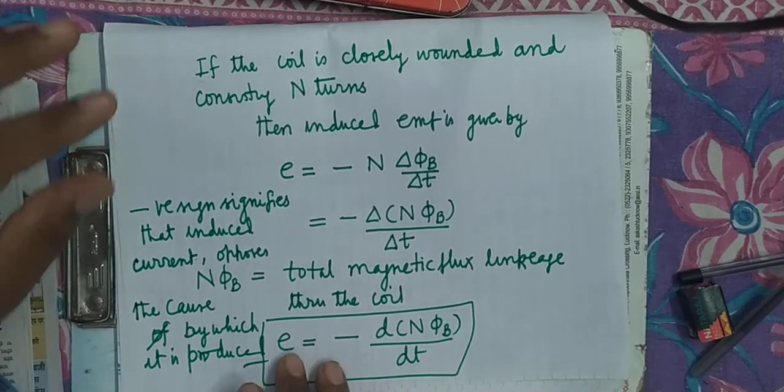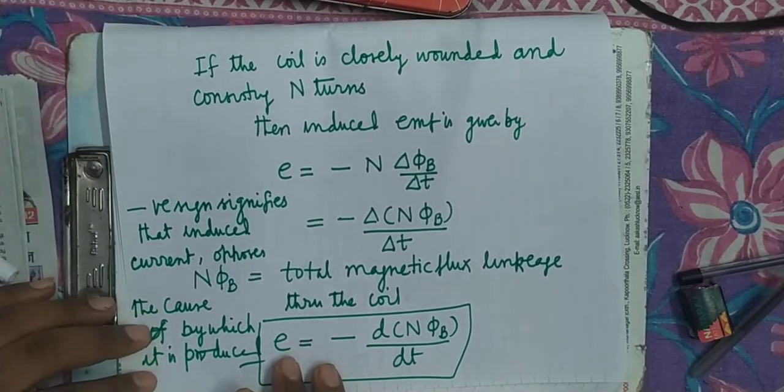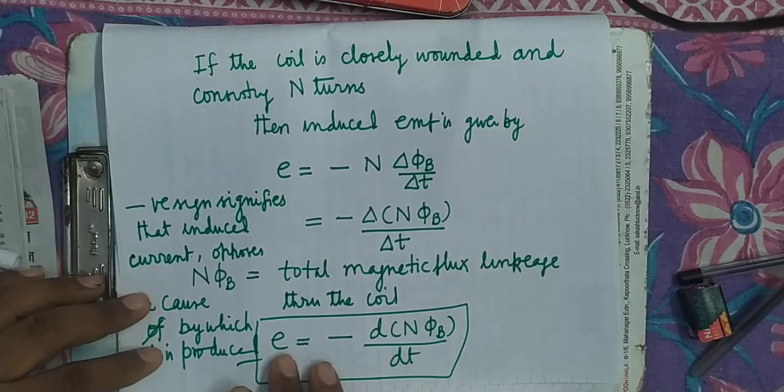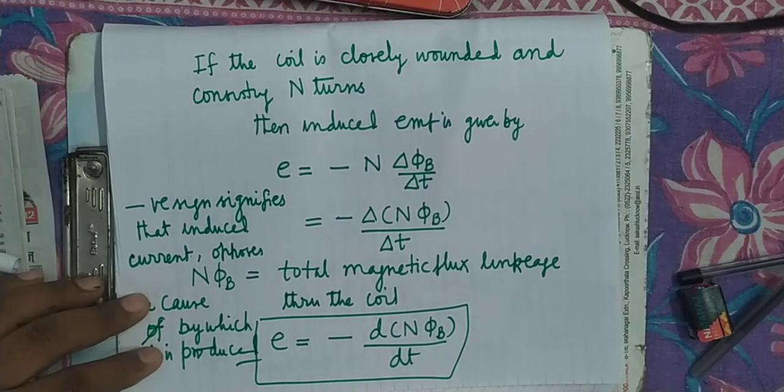It's clear. Means if the EMF is induced because of decreasing magnetic flux, then the current will be such that it will try to increase that flux.